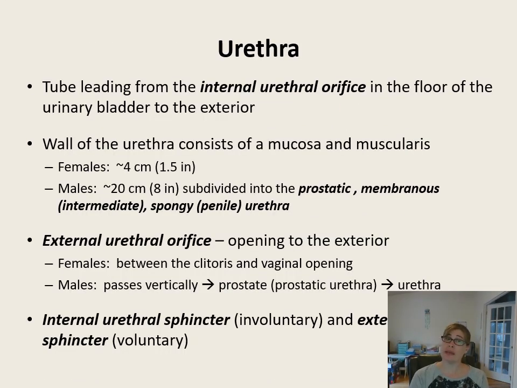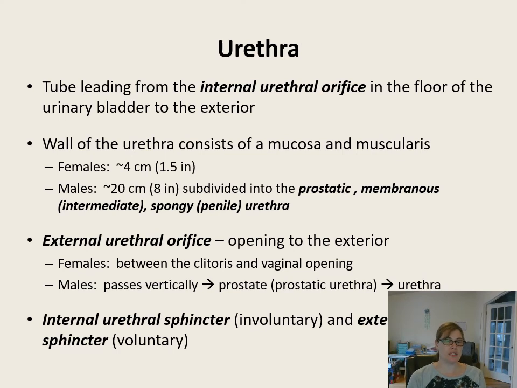The urethra I already mentioned a little bit. It is a tube leading from the internal urethral orifice at the floor of the urinary bladder to the outside. It's mucosal membrane, smooth muscle, and females, I think I said 2 inches. It's about 1.5 inches. Males, I said 10 inches. It's about 8 inches. Again, varies greatly.